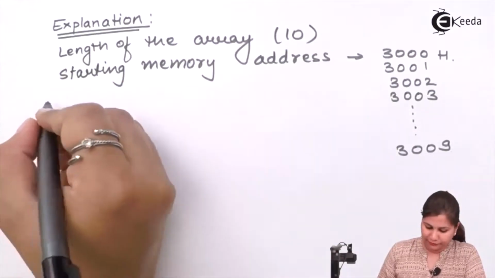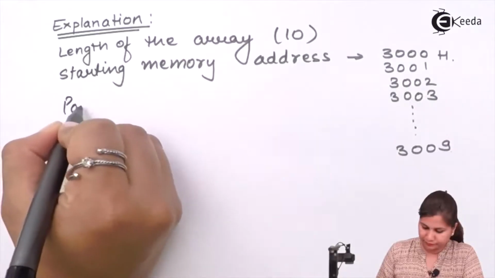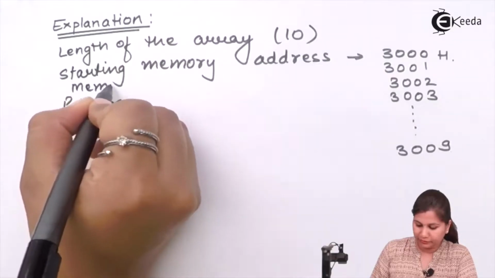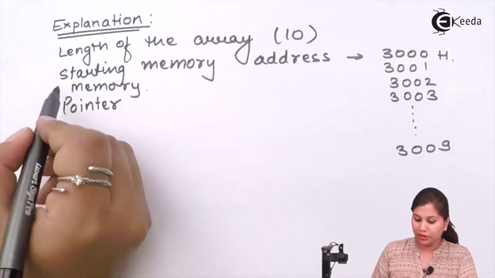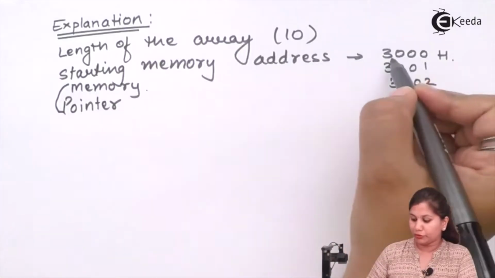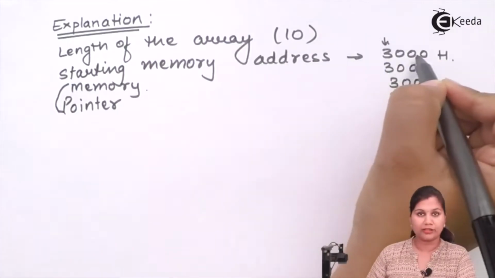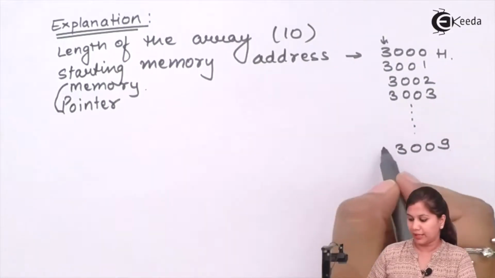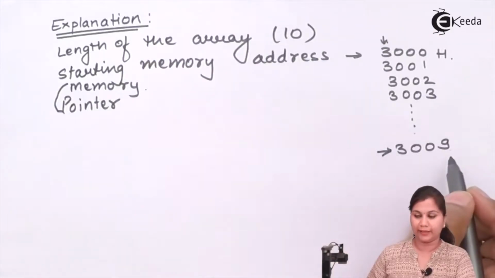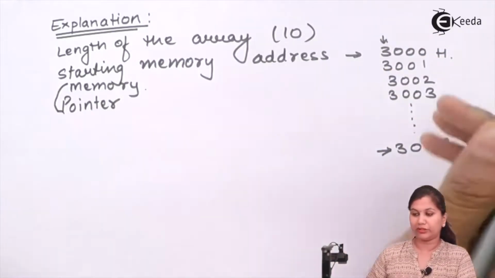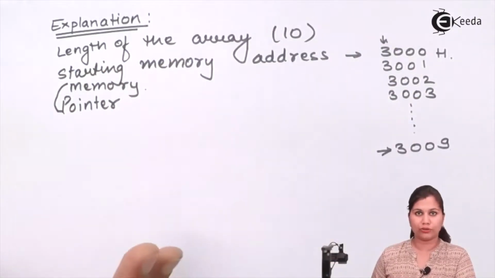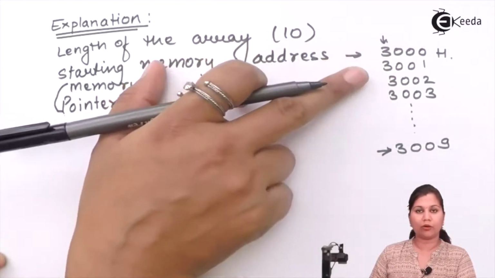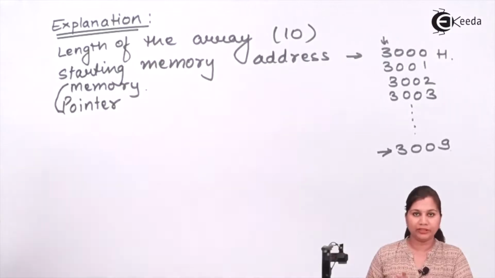After that, we will need a memory pointer, because we want this pointer to point to the starting address 3000H, and we will increment it again and again up to the last memory location 3009, because at all these locations the 10 numbers of the array are stored. So we use a memory pointer which is incremented so that all the numbers can be compared with each other.